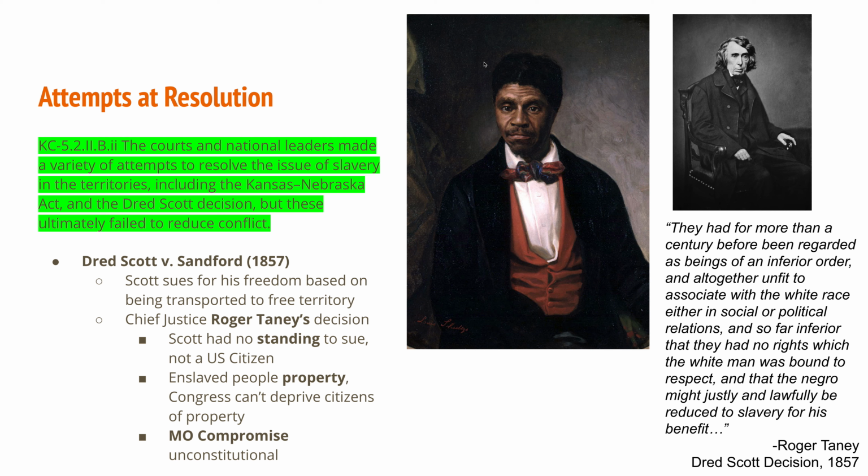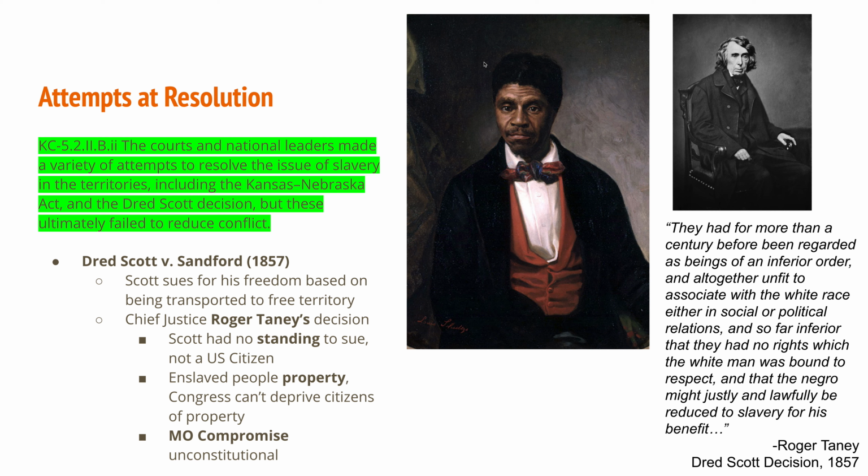At that point, Chief Justice Roger Taney, who had been appointed all the way back in Andrew Jackson's term, makes a decision. And he decides that at first, Scott had no standing to sue since he's not a US citizen.